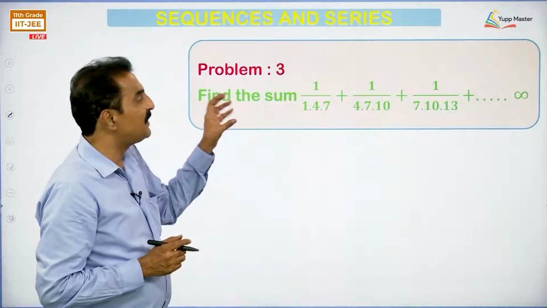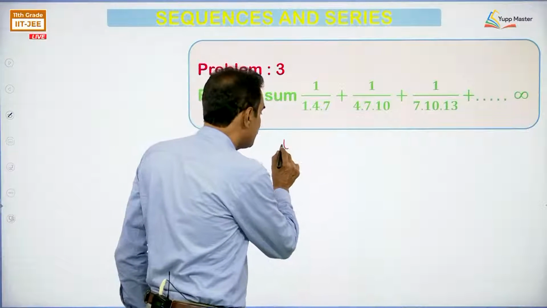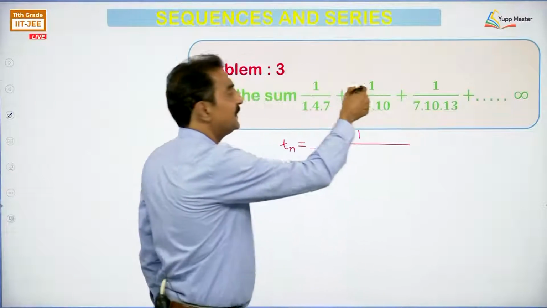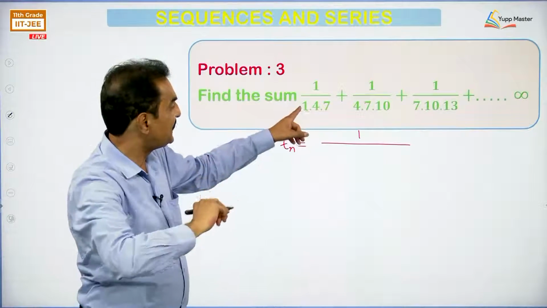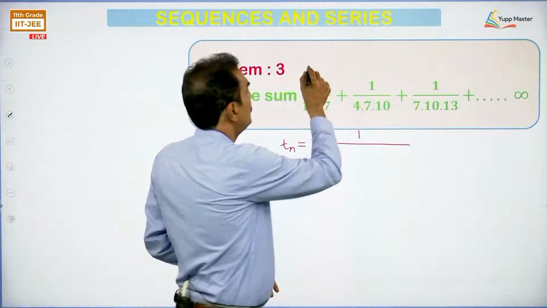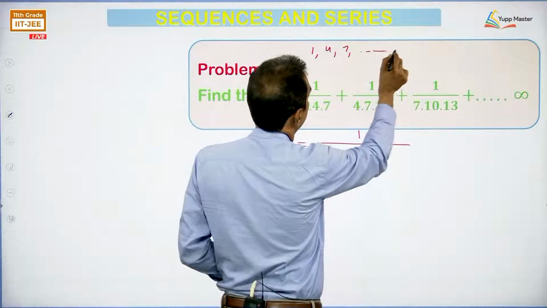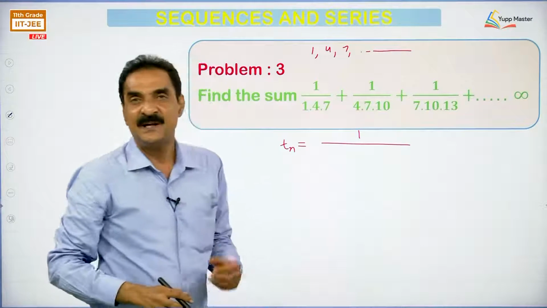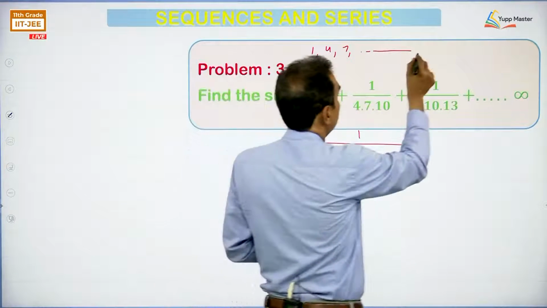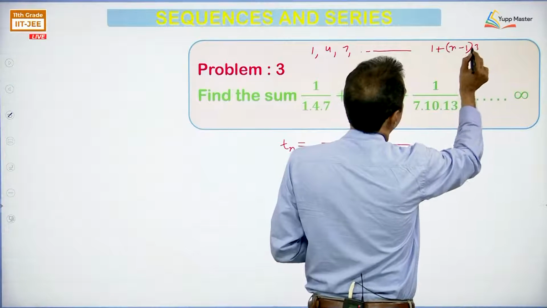For getting the sum of n terms, we need to find the nth term first. Tn is equal to 1 by, if you observe the first factors 1, 4, 7 and so on, they are in AP. What is the nth term of the first factors? In this AP, the nth term is a plus n minus 1 into d, that is a is 1 plus n minus 1 into common difference 3.